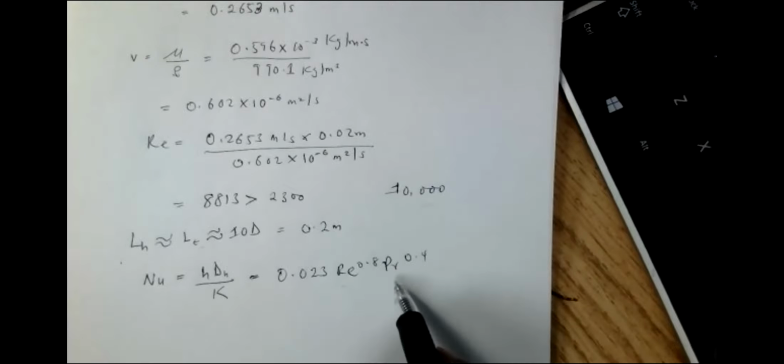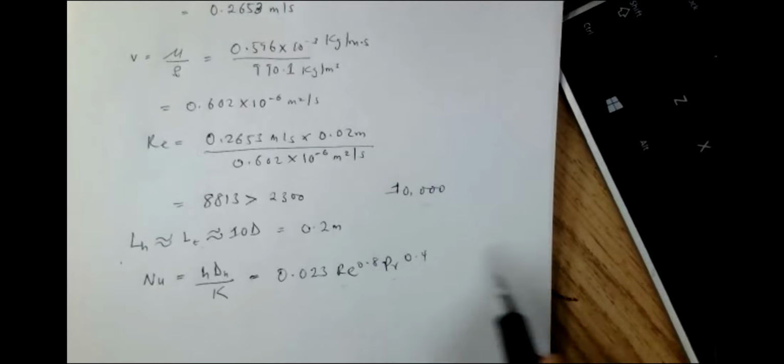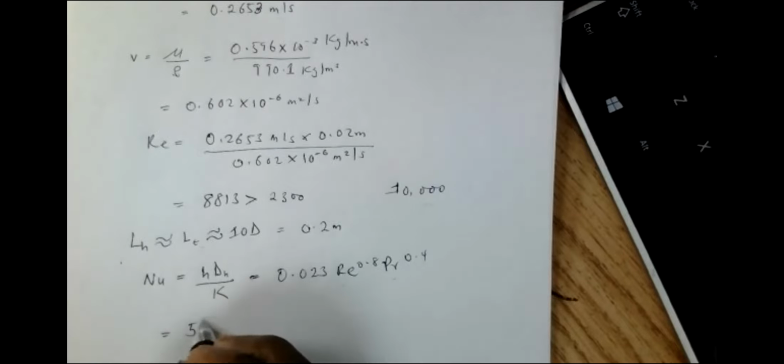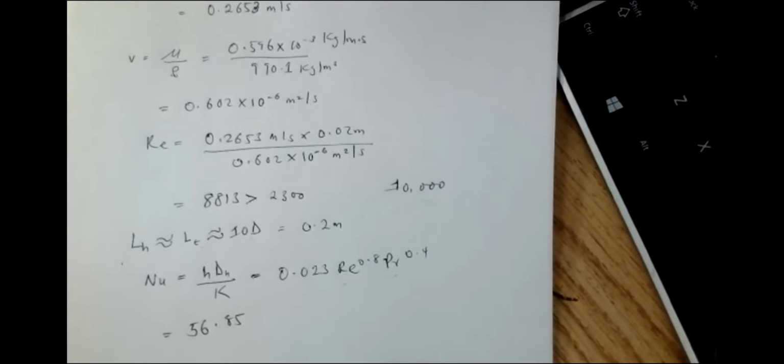We have this, and we also have this, right, from our tables. If you evaluate this, you get a Nusselt number to be 56.85. Now, once we get this value, we can also compute our convection heat transfer coefficient.